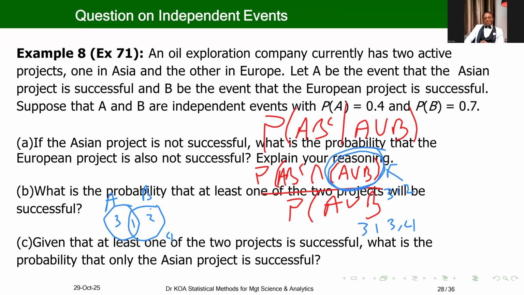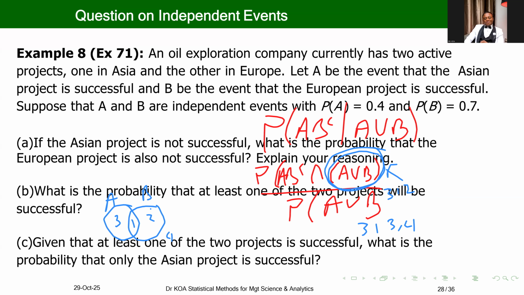So when you are asked for A B complement, like we just wrote up there, what will be the elements of A B complement?